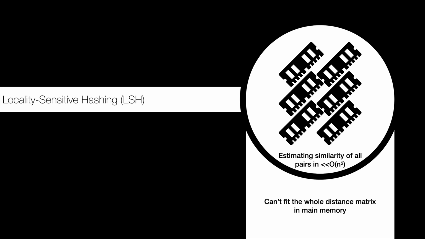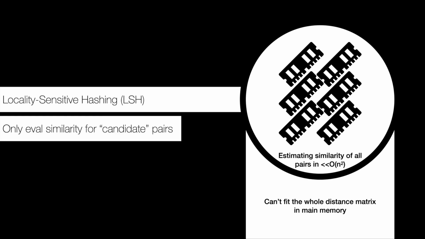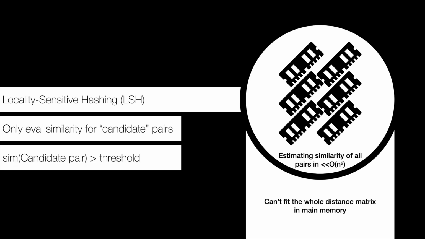Now, minhashes let us evaluate similarity in low dimensional spaces, which is nice. Locality-sensitive hashing allows us to deal with the all pairs problem. So rather than trying to fill out the full similarity matrix or the full distance matrix for all n-squared pairs, we only want to evaluate similarity for some candidate set, some set of pairs. We only evaluate similarity among a pair if we think it's actually similar, if its similarity is above some threshold, which lets us throw out a whole lot of elements that are unlikely to be similar.